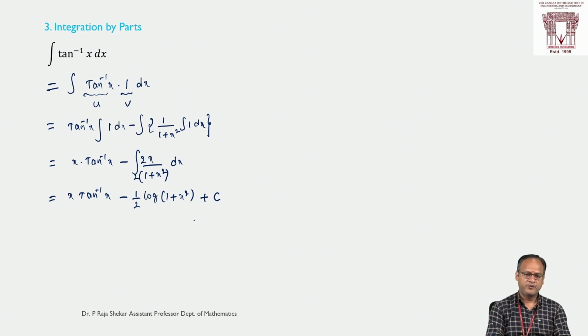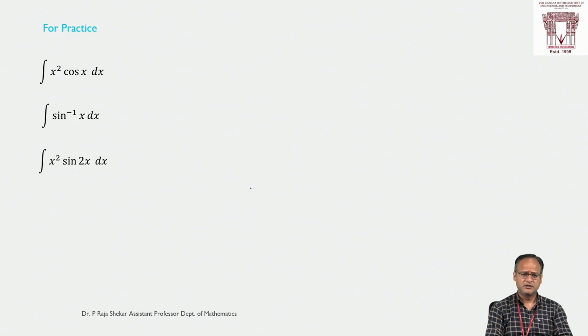So that is how we can evaluate integrals using integration by parts. Another problem along the same lines: x square into log x. Likewise a few others: x square into cos x, sin inverse x dx, and one more, x square into sin 2x.